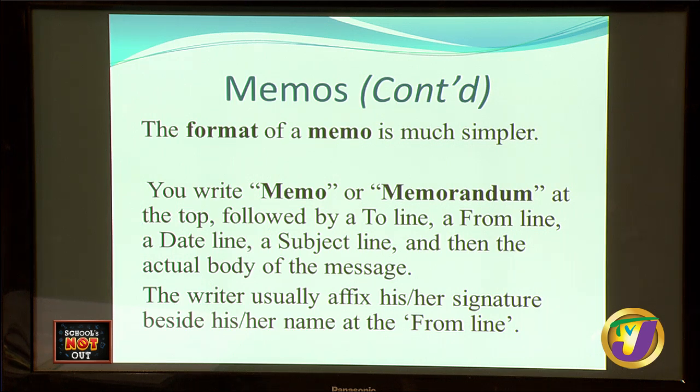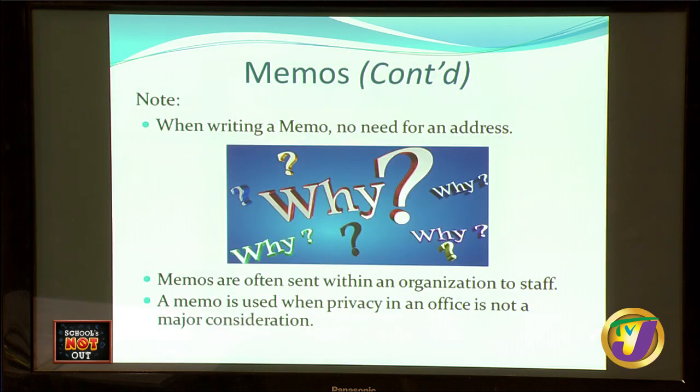And then the person writing the memo would then affix his or her signature beside his or her name at the bottom line. And also note that a memo does not require an address. And remember that this is usually sent from within organizations. All right, so a memo is used when privacy in an office is not a major consideration.